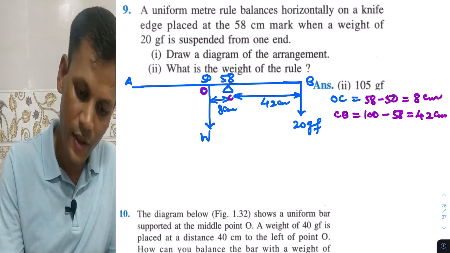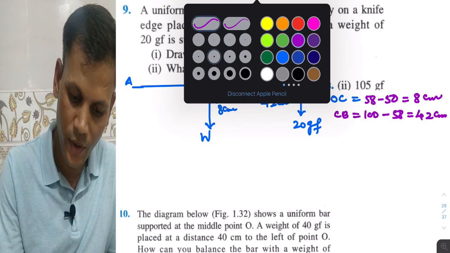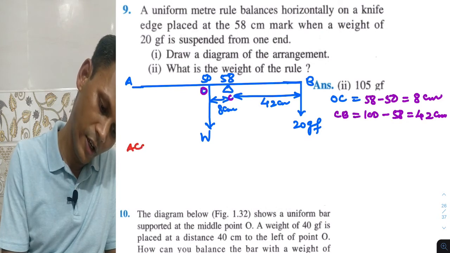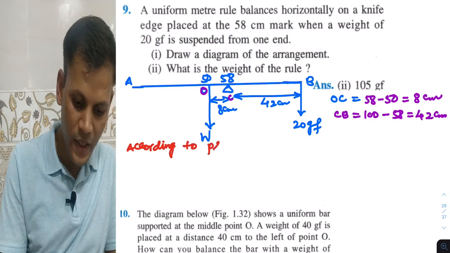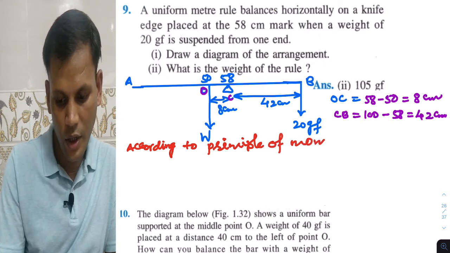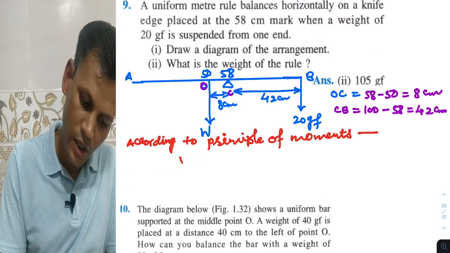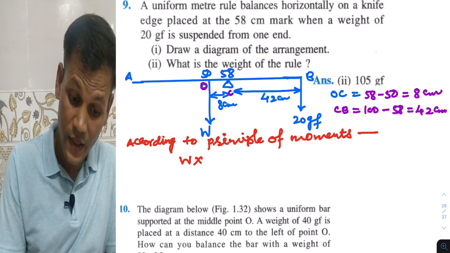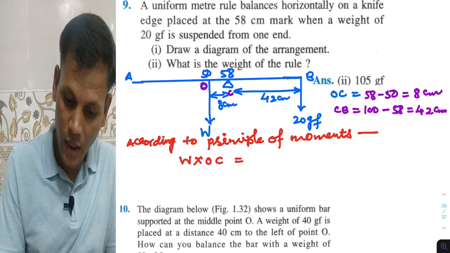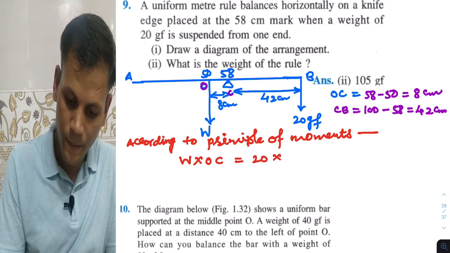So again I will write the basic principle, clockwise moment is equals to anti-clockwise moment. According to principle of moments, clockwise moment is equals to anti-clockwise moment. So W into distance OC is equals to another force 20 gram force into that distance CB.